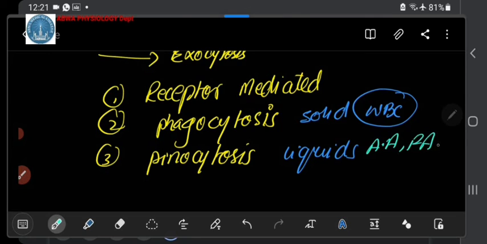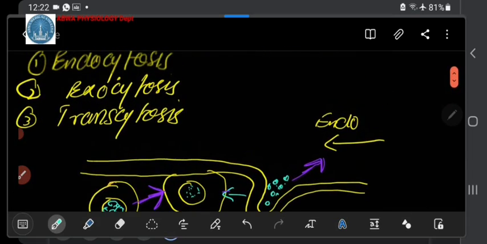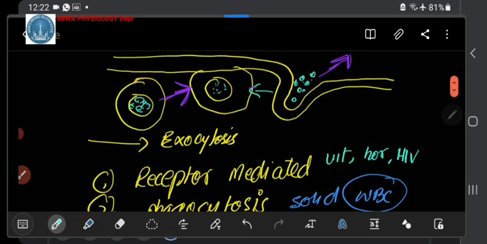Receptor mediated uptake handles nerve growth factors, vitamins, hormones, and viruses, especially HIV, which is engulfed by receptor mediated vesicular transport.